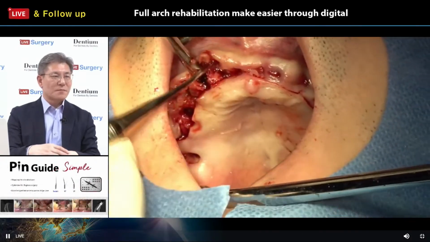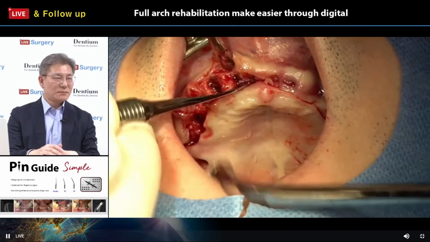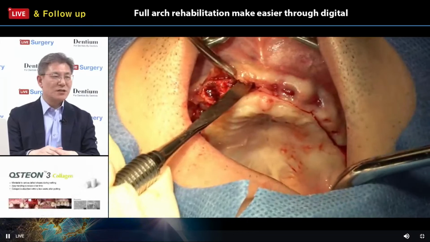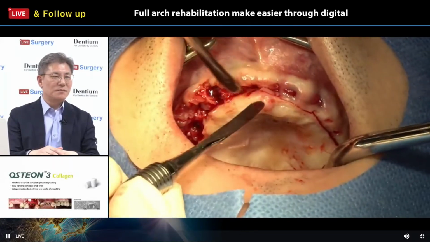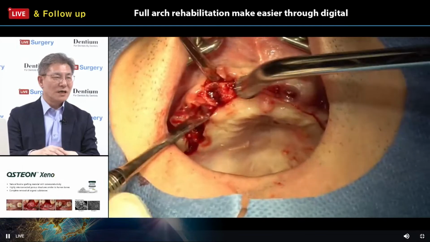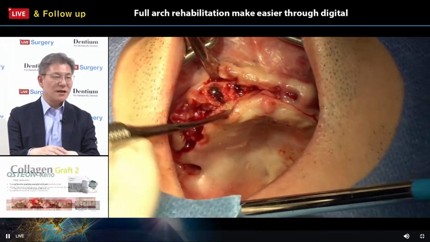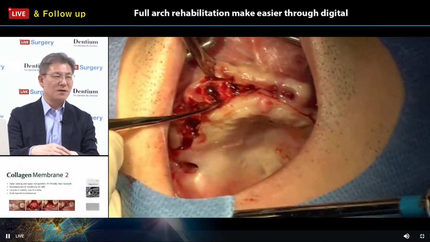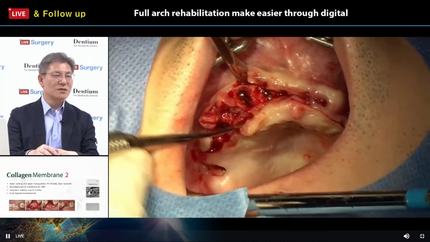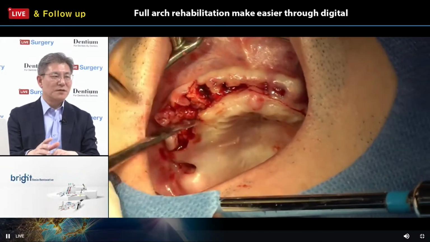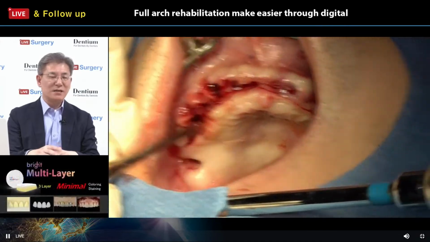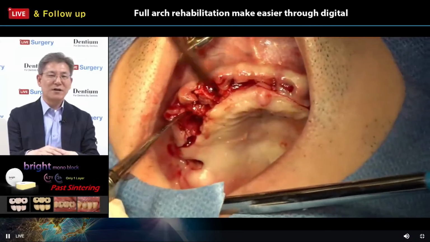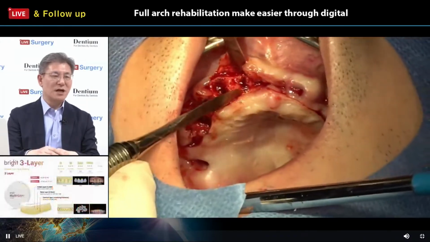However, flap open implantation is better because we can clearly see the actual situation of the patient's mouth: the alveolar ridge, the remnant of the alveolar ridge, the bone spicules, and some defects. The situation is obviously better with the flap open surgery style.